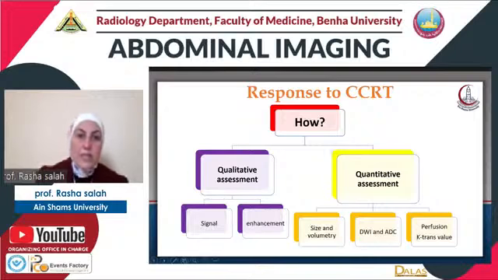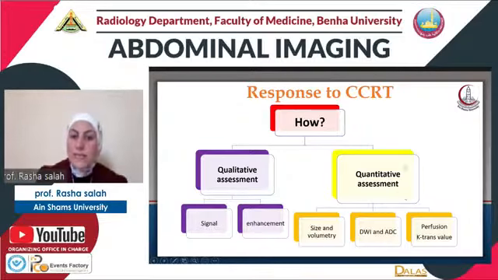How do we assess the concurrent chemoradiotherapy response? We can use a qualitative assessment, and we can also perform a quantitative assessment. The qualitative assessment depends on the signal of the tumor on T2, the enhancement criteria, and the degree of diffusion restriction.